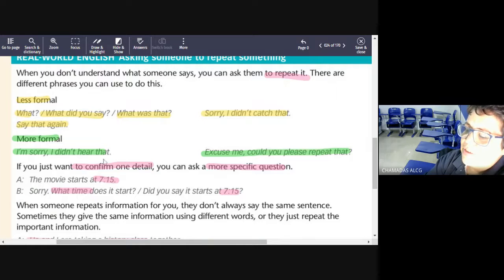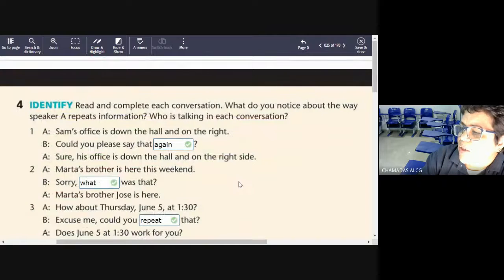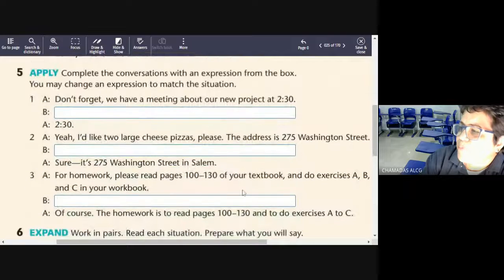Look, it's like you are confirming one detail, right? So you can say, sorry, what time again? Or, okay. So we can go back here and say, don't forget, we have a meeting about our new project at 2:30. So you can say, sorry, what time is our meeting? Okay.